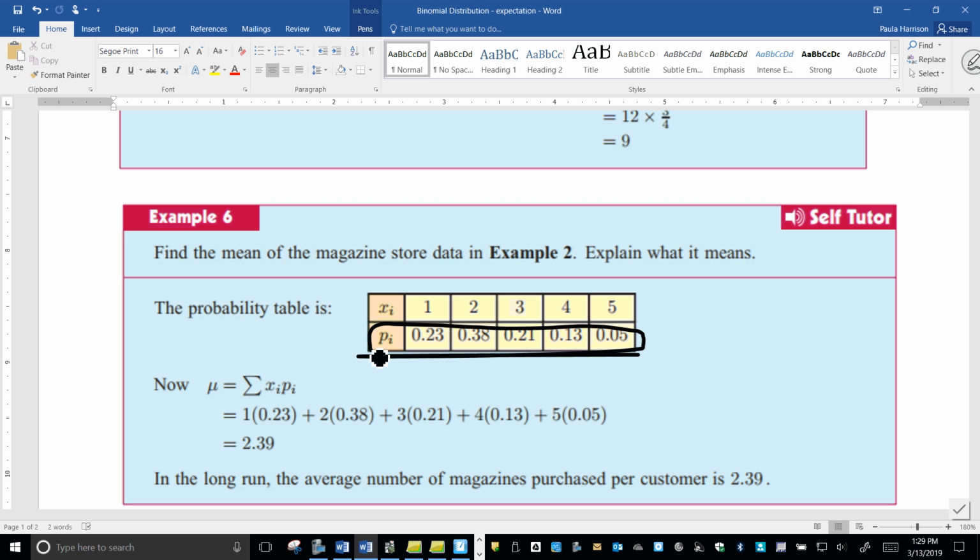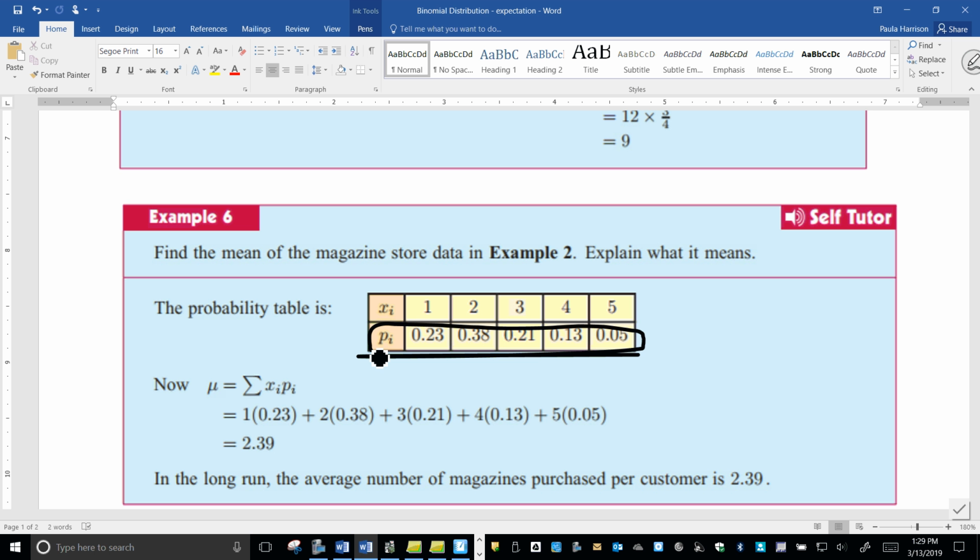The expected value here, or the expectation here, is the same as the mean. So we would find the mean by multiplying these together. So we would have 1 multiplied by 0.23 plus 2 multiplied by 0.38 plus 3 multiplied by that plus 4 plus 5 and so on. So we would multiply all those things together and add them up. Okay?